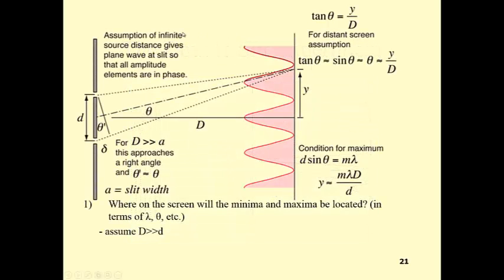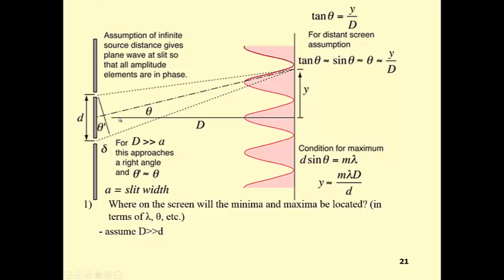So how do we get this condition? Well, we've kind of given it a condition saying if you've got a maximum, it's going to be an integer wavelength. But there are a few assumptions that we make. One is that we have an infinite source. So we have a light source that's an infinite distance away, so that when the wave arrives at the slits, all of the waves are in phase.